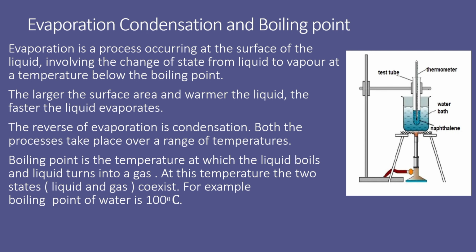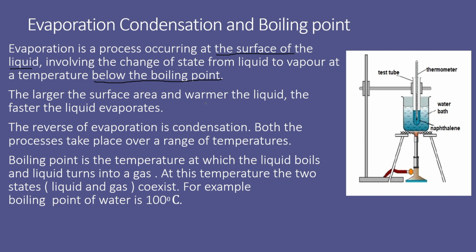It means that evaporation can take place at any temperature below the boiling point of that substance, and it's a process that happens only at the surface of the liquid. So the larger the surface area and the warmer the liquid, the faster the liquid evaporates.